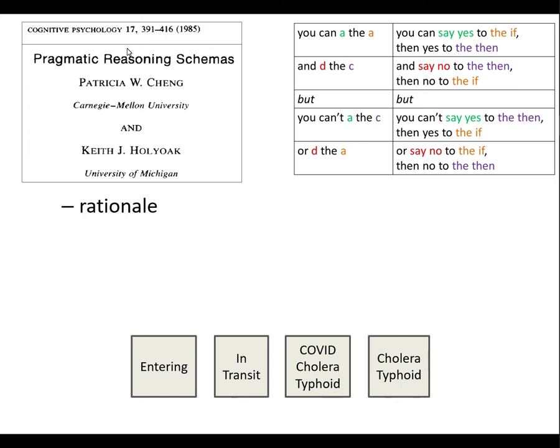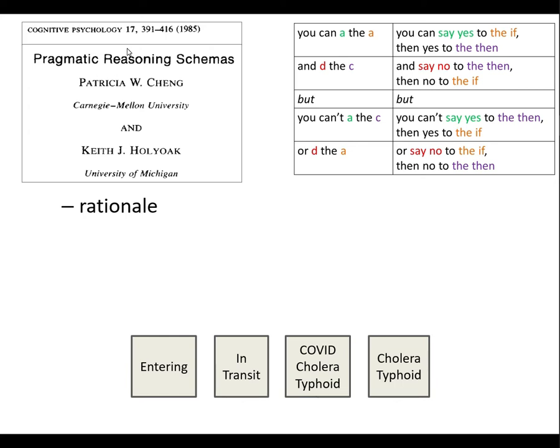First, having a rationale improves Wason card task performance. Let's imagine a scenario where you are an immigration officer at the international airport in China. Among the documents you have to check is a sheet called Form H. One side of the form indicates whether the passenger is entering the country or in transit, the first two boxes there, while the other side of the form lists names of diseases.